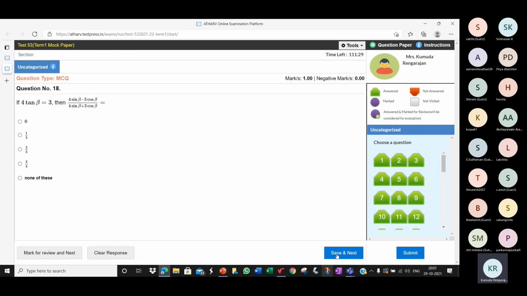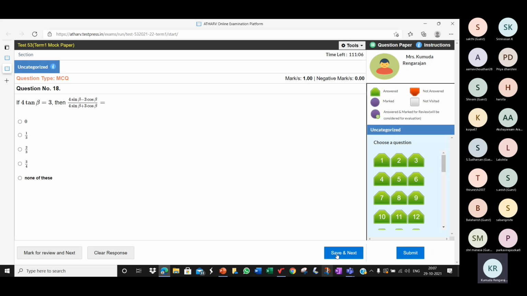So children, we can divide both the numerator and denominator by cos beta. When you divide the numerator by cos beta, every term should be divided by cos beta. So 4 sine beta by cos beta is 4 tan beta, minus 3 cos beta by cos beta, which is minus 3.